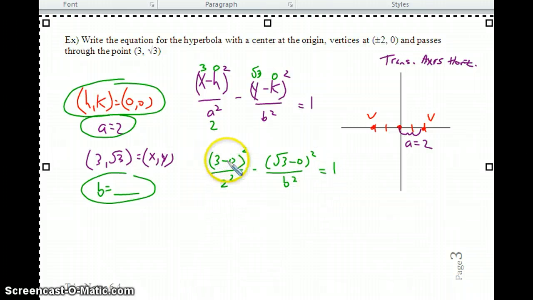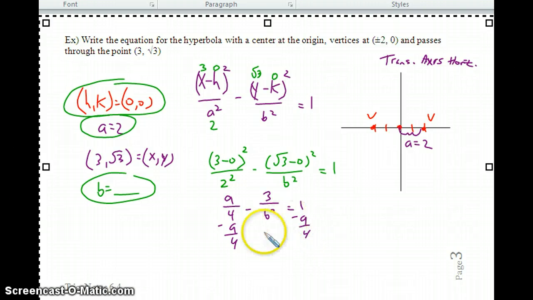So cleaning this up a little bit, 3 minus 0 is 3, 3 squared is 9, 2 squared is 4. Square root of 3 squared would be 3. So now solving this, I'd move over the 9/4 by subtracting. I'm going to get the negative 3 over b squared equals negative 5/4.